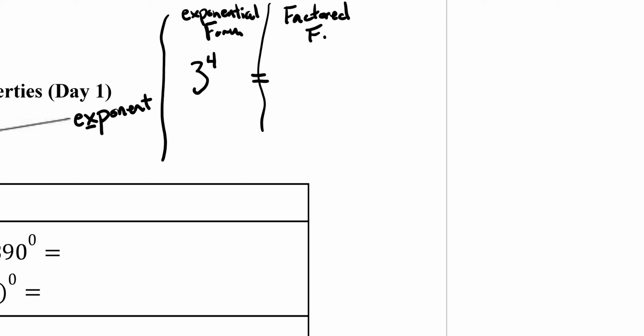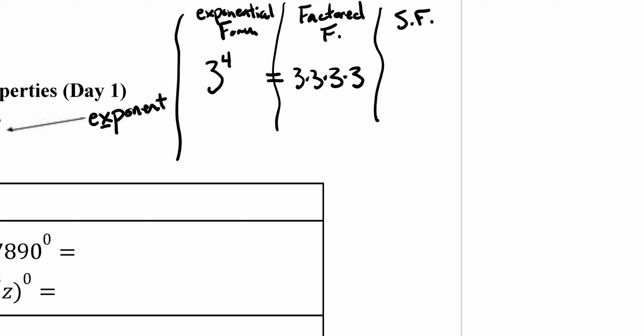I'll just put an F for form, and that would be 3 times 3 times 3 times 3, 3 multiplied by itself 4 times. And then you might see, I'll just put SF here for standard form, and that would be equal to, if I take 3 times 3, that's 9, and 3 times 3, that's 9, and 9 times 9 is 81. And so standard form would be 81.